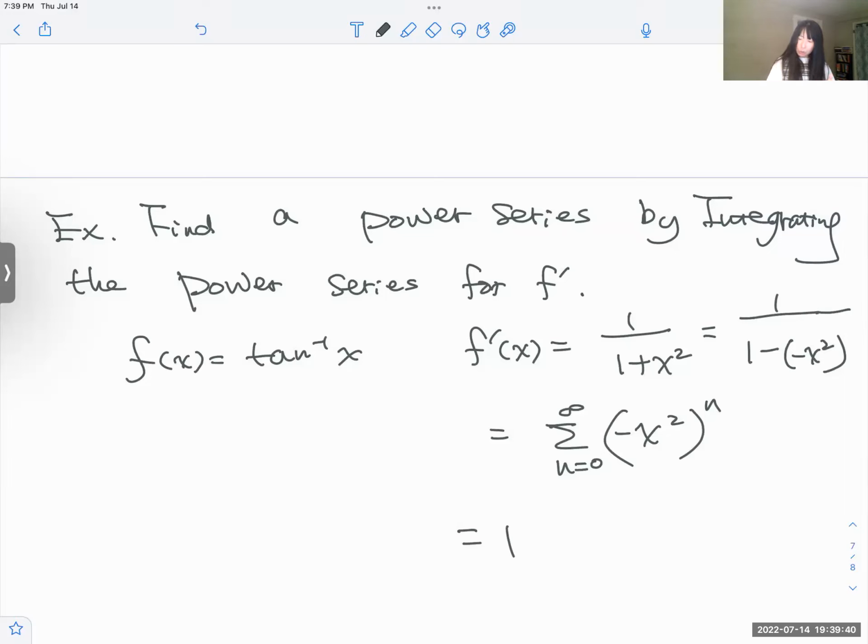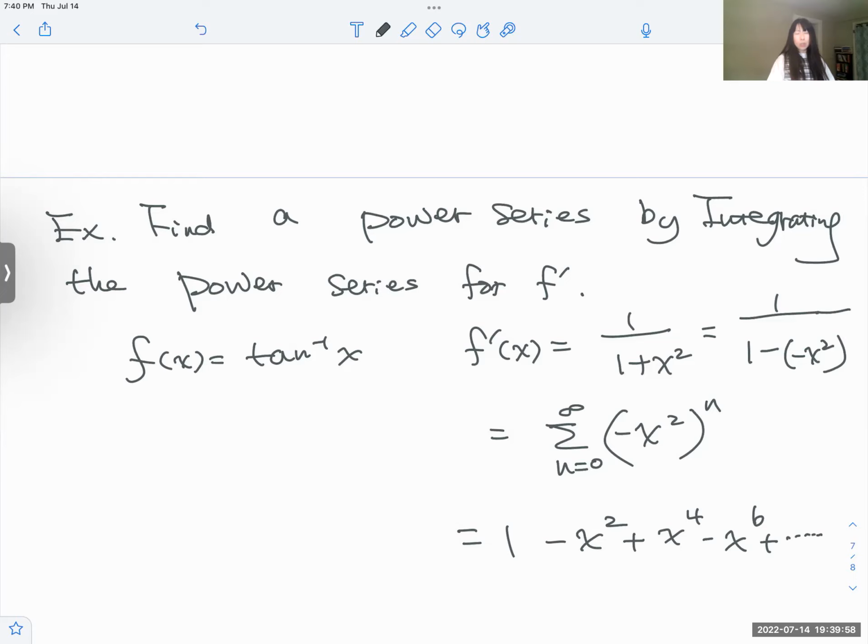Now when n equals 0, we get 1. When n equals 1, we get negative x squared. When n equals 2, we get the positive x to the 4th power. And negative x to the 6th, positive the next, right?